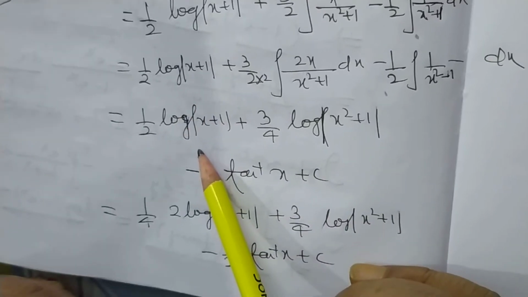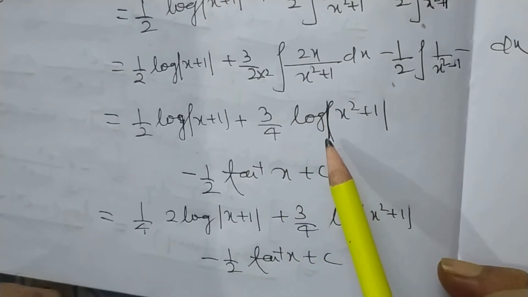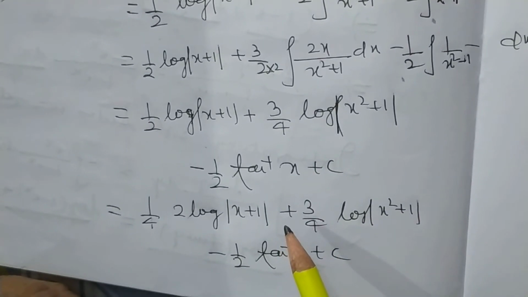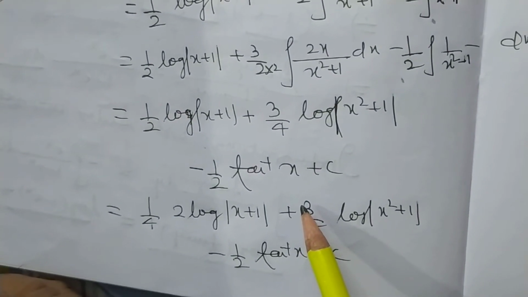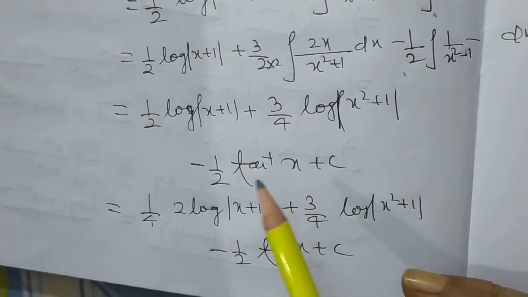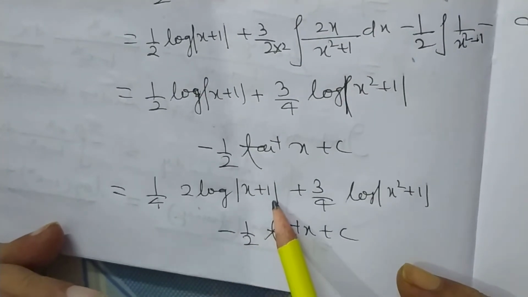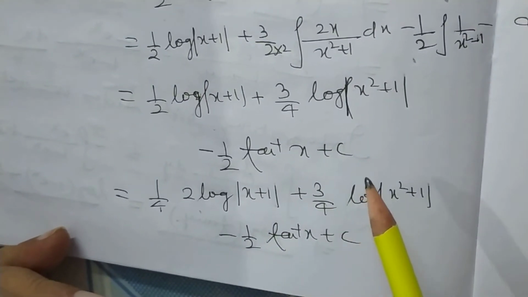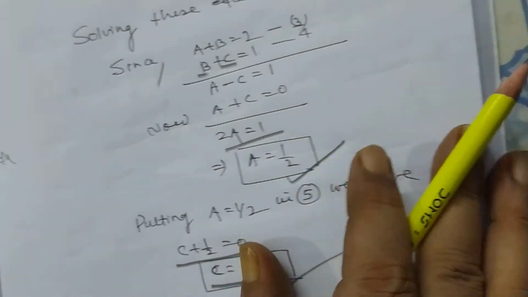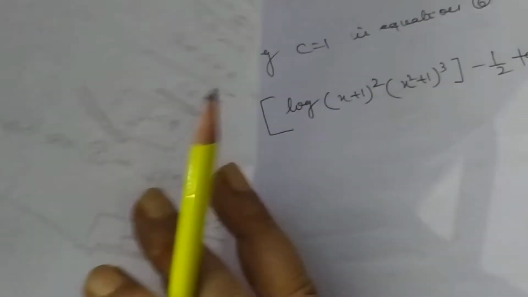It is 1/2 log(x + 1), and it is 3/4 log(x² + 1), minus 1/2 tan⁻¹x + c. So after solving we have 1/4 [2 log|x + 1| + 3 log|x² + 1|] − 1/2 tan⁻¹x + c.